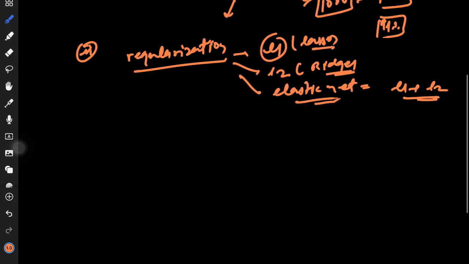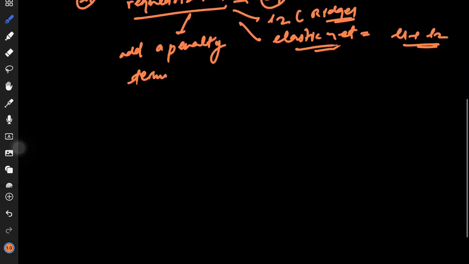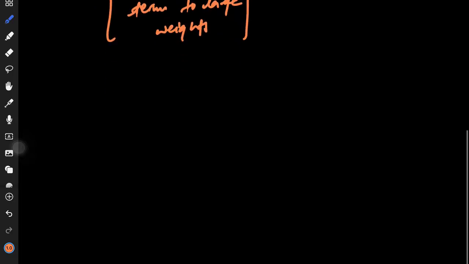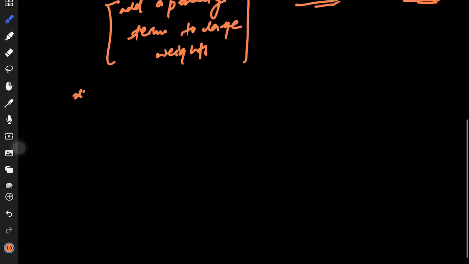What we do in regularization is add a penalty term to the loss function for large weights.